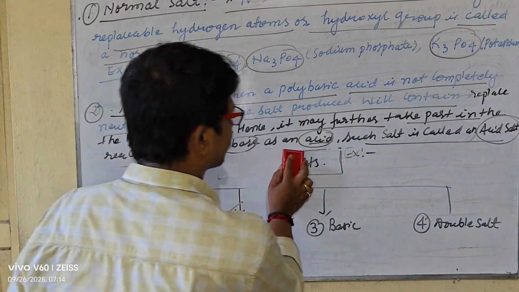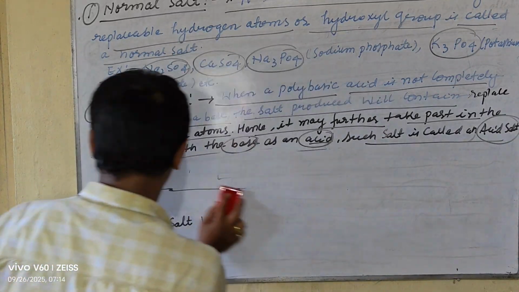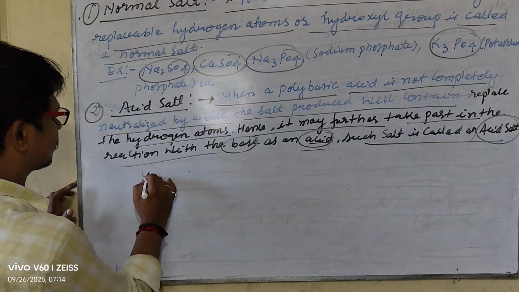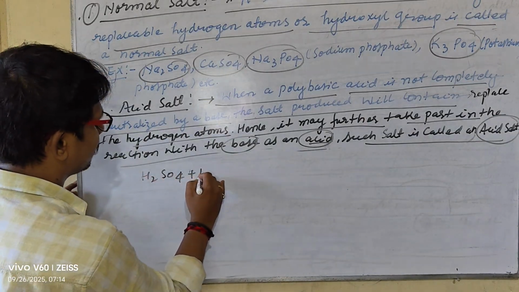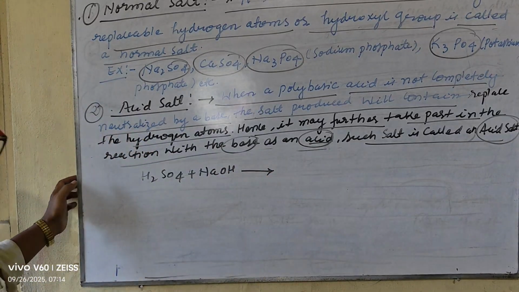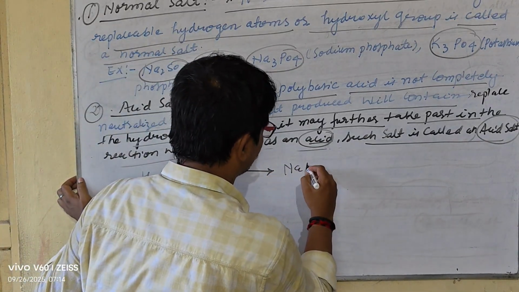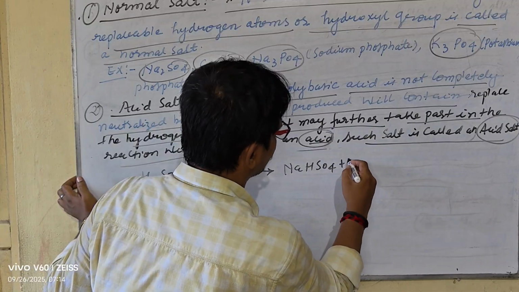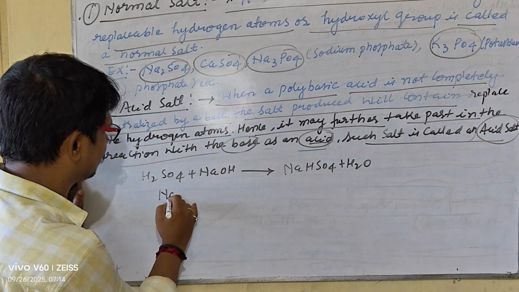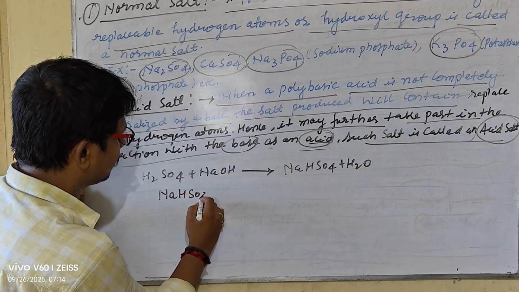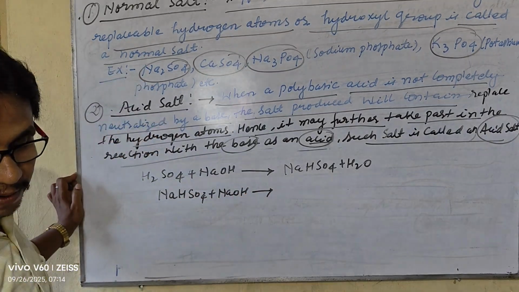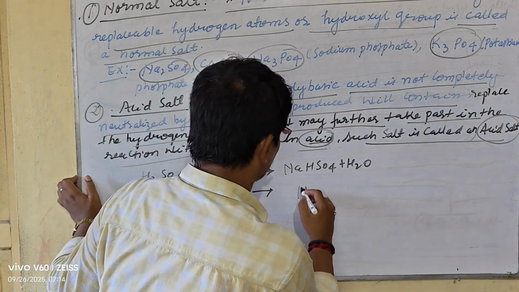So the examples, write them down. H2SO4 plus NaOH gives NaHSO4 plus H2O, and NaHSO4 plus NaOH gives Na2SO4 plus H2O.